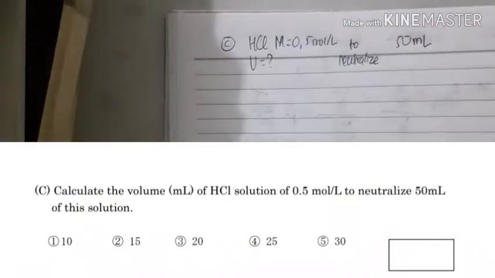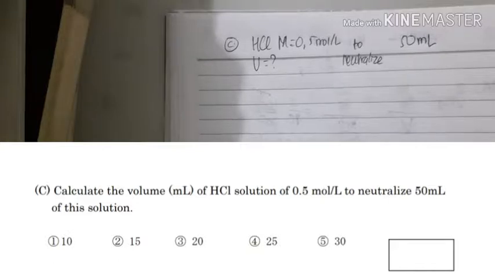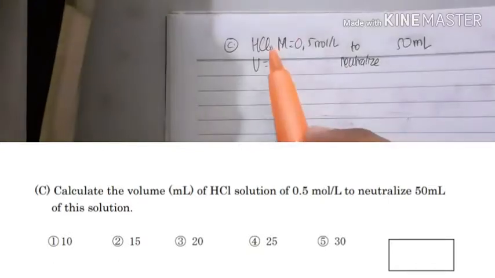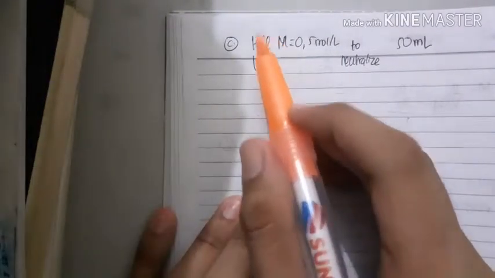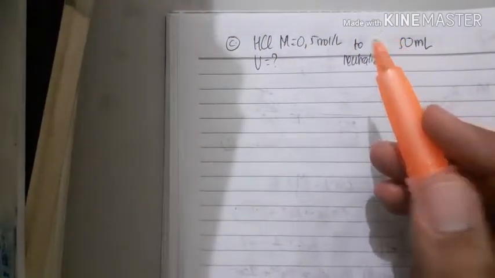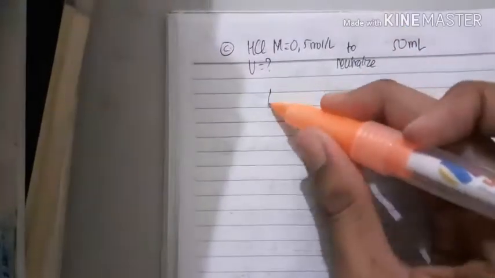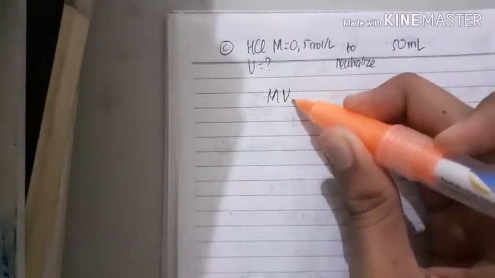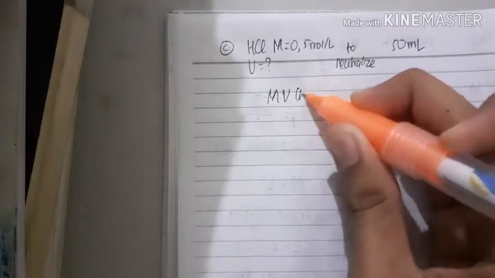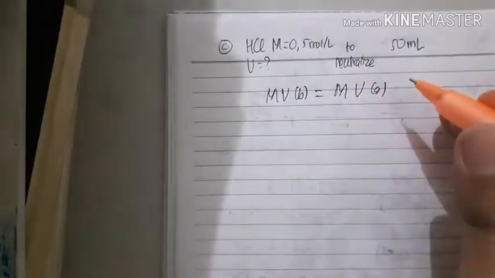So we have sodium hydroxide. We only need to neutralize 50 milliliters of sodium hydroxide, and we neutralize it with hydrochloric acid. The hydrochloric acid has 0.5 mole over liter. So what we need to do is to just use molarity times volume of the base equals molarity times volume of the acid.